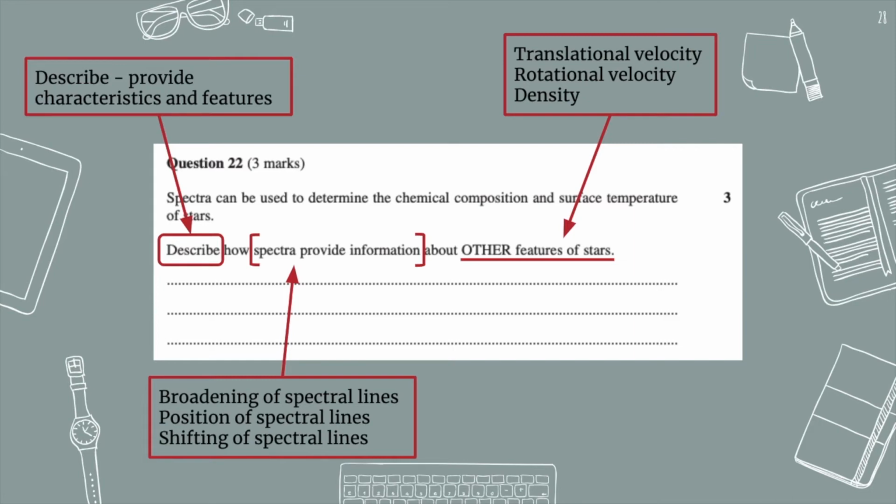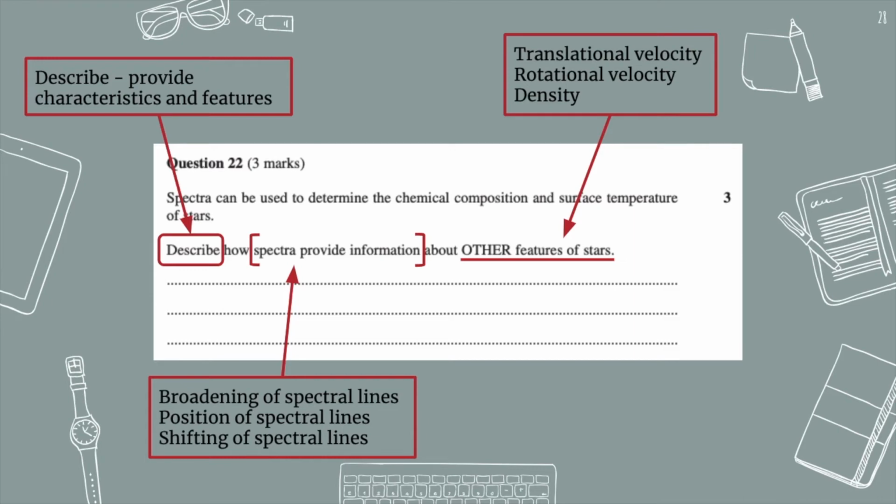The limiting factors here refer to the other features of stars, and the preamble before this question identifies chemical composition and surface temperature. So I'm limited by this question to only discussing other features of stars, and if I look back at my dot point, I know that those features encompass translational and rotational velocity, density, chemical composition, and surface temperature of the star.